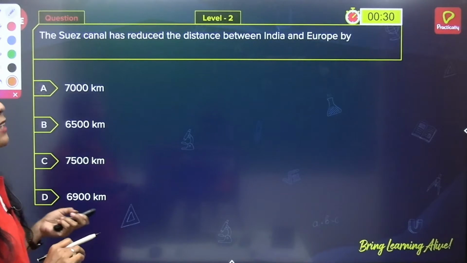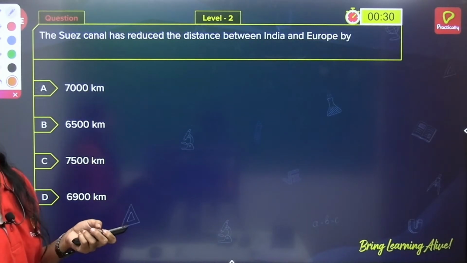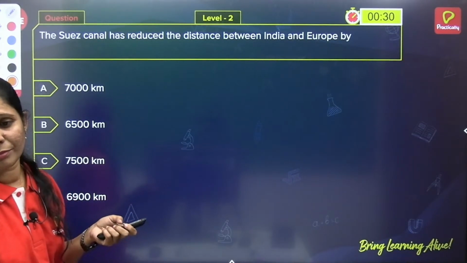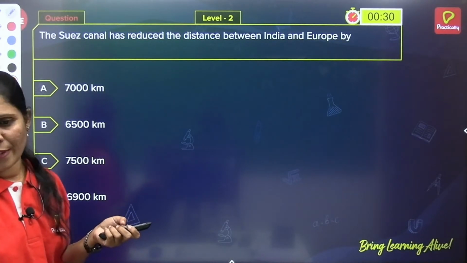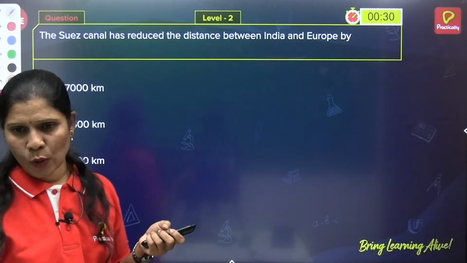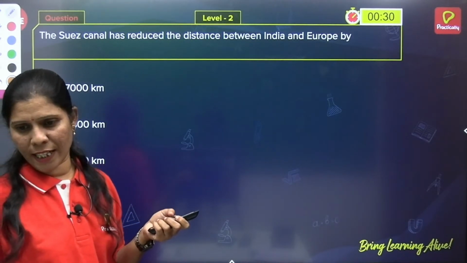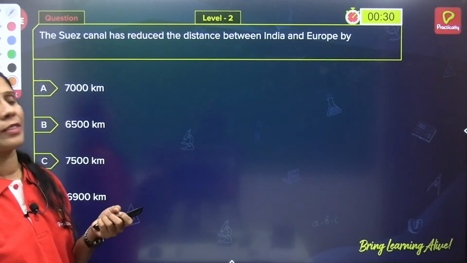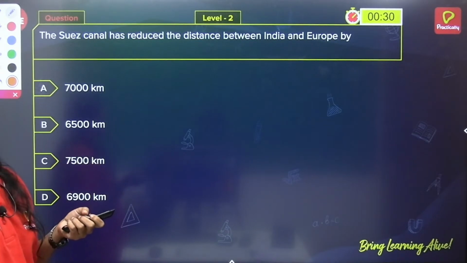Option C, 7,500 kilometers and option D, 6,900 kilometers. Can I have an answer? Students, can I get an answer from you all? Which option is the right answer?